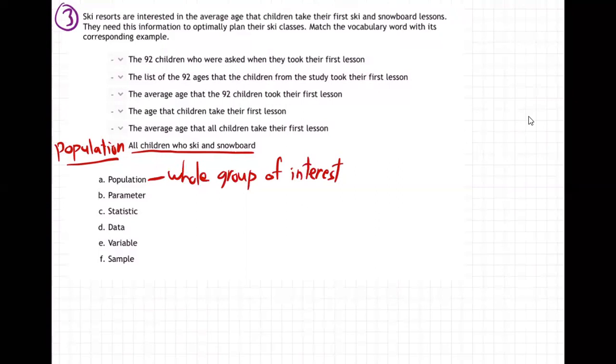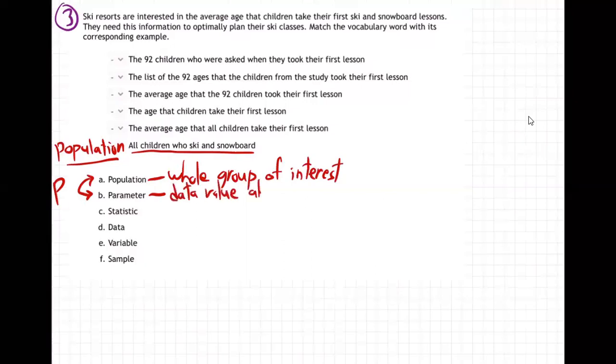Now within that, I want you to notice the next word, parameter. These both go together. P with P. And parameter means a data value about the whole population.